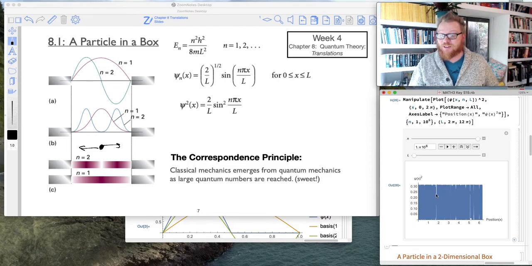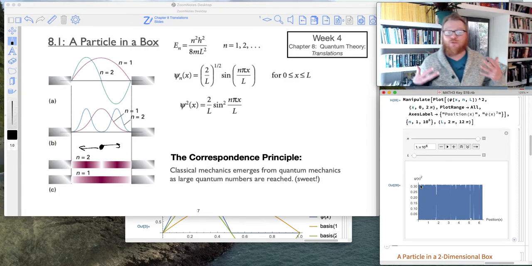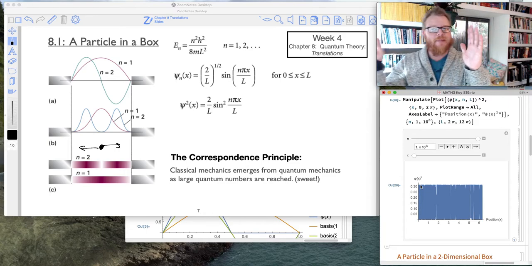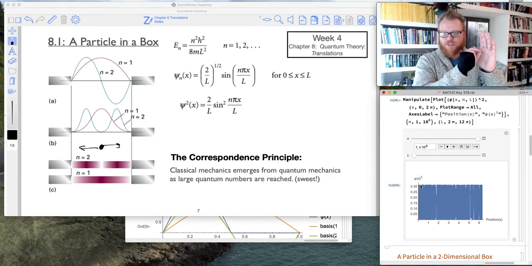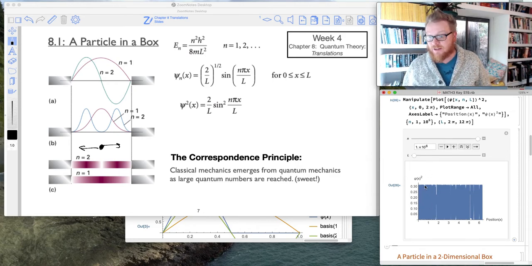Well, it looks like basically the particle can exist anywhere along this path, which is actually what you would expect from classical mechanics. If we're imagining classical mechanics, our particle is just moving back and forth, so we expect that it can exist anywhere along here. If I make the principal quantum number n 1,000,000, these probability distributions show that.